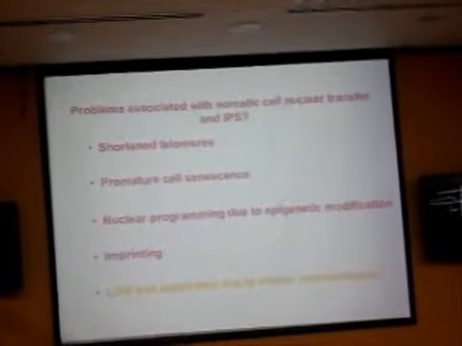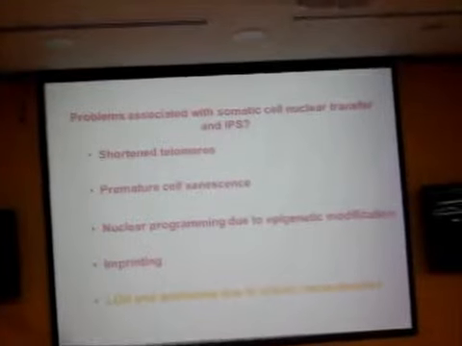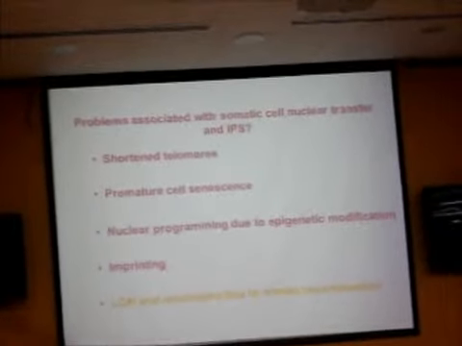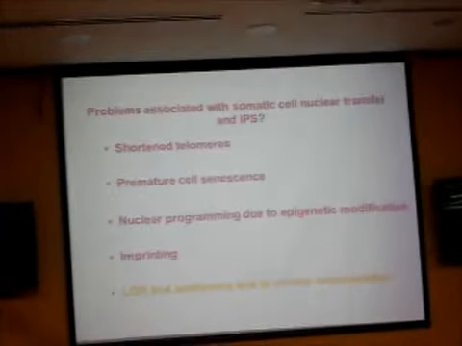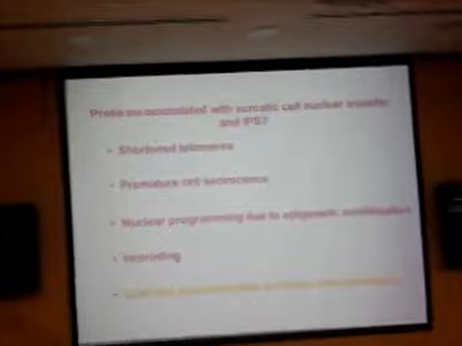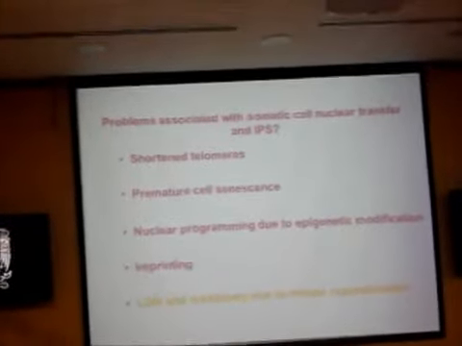Same with premature senescence, which is a consequence of short telomeres. There are epigenetic changes that can be reprogrammed when a somatic cell is put into an egg environment or is induced to undergo iPS-type transformation.